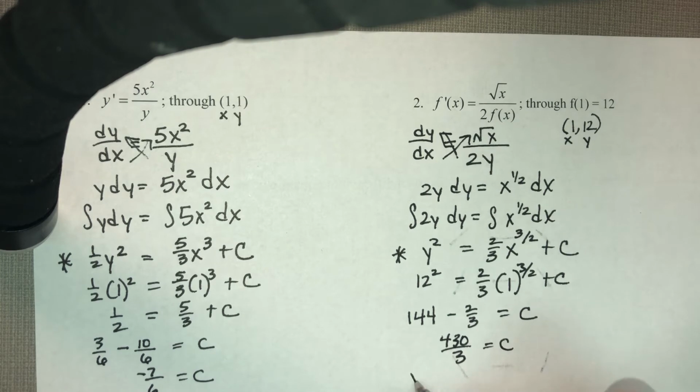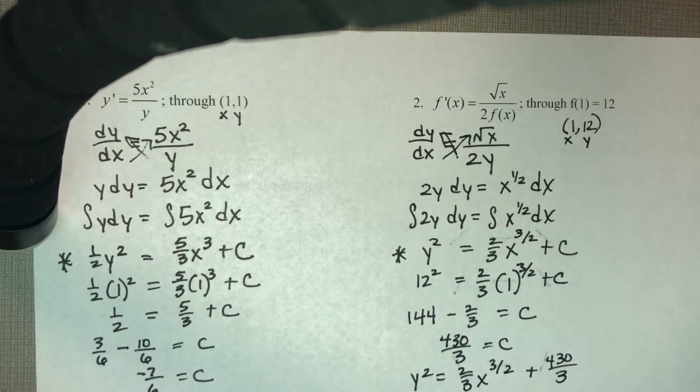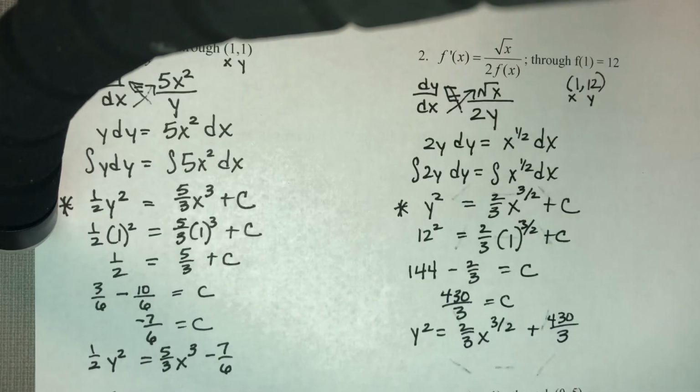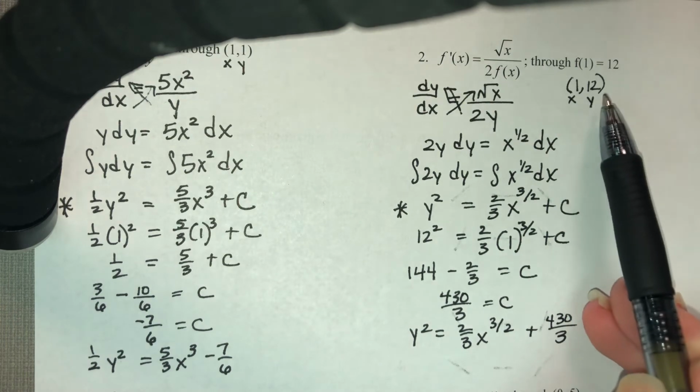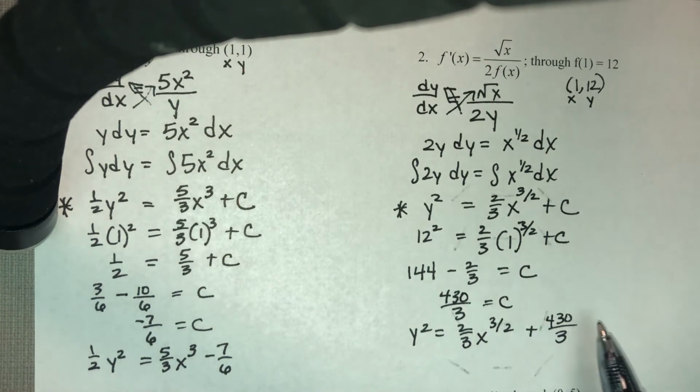So I'm going to say y squared equals 2/3 x to the 3/2 plus 430 over 3. And it doesn't tell me to write y as a function of x, but if I was supposed to, I'd have to take the square root on both sides. And since my point has a positive y value, I would want the positive root here.